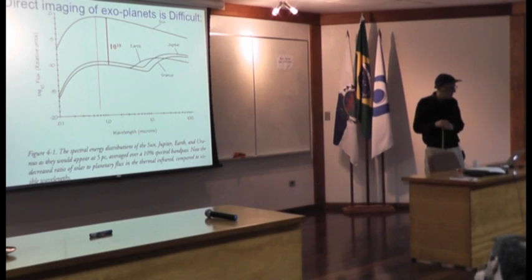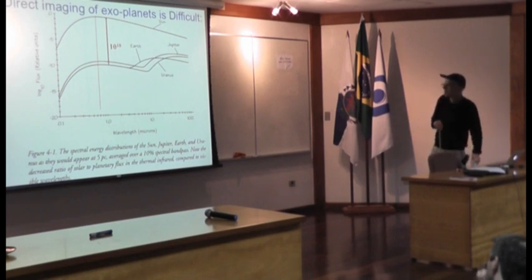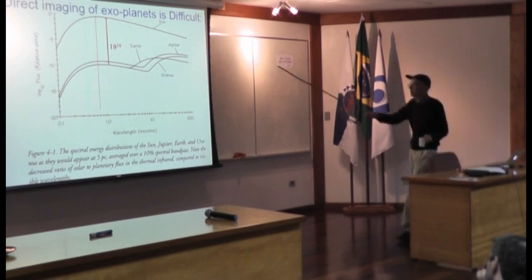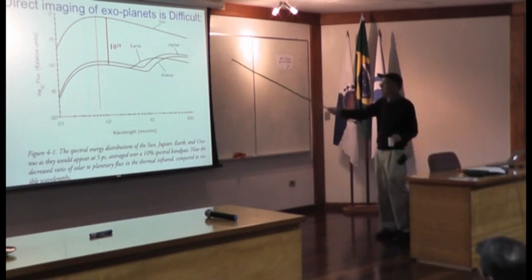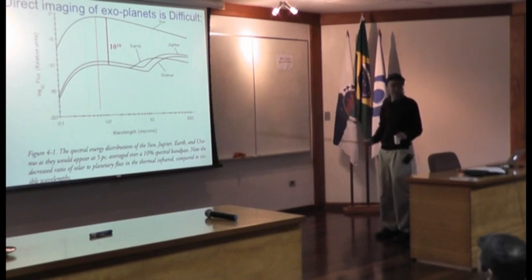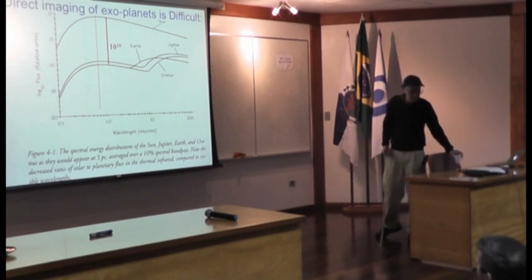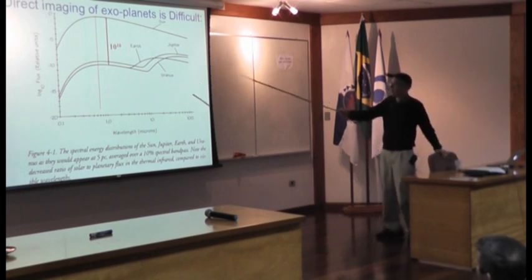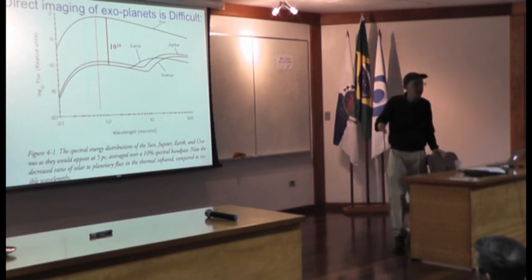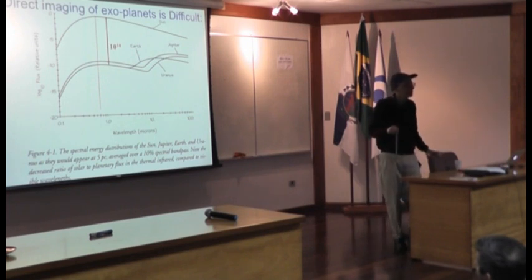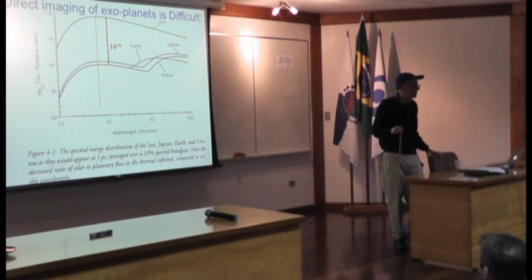Direct imaging is difficult, to say the least. This is a broad wavelength spectrum of the sun. It doesn't account for little features. One of the Earth, Jupiter, and Uranus. And this is 10 orders of magnitude, not 10 astronomical magnitudes, 25 astronomical magnitudes.